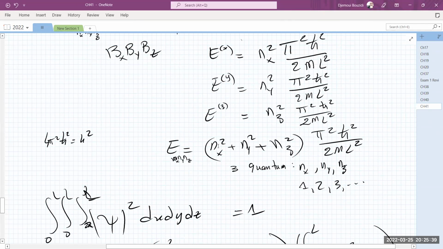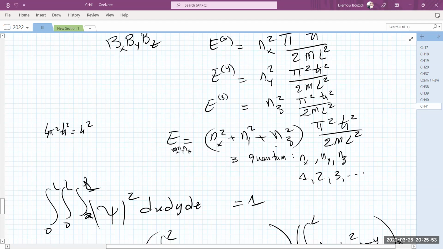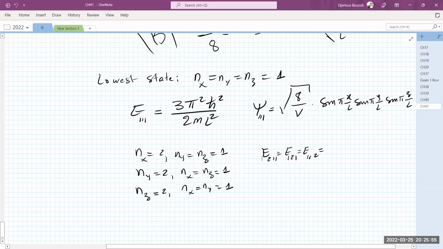All I have to do is add either 2 squared plus 1 squared plus 1 squared, which is 6, or 1 squared plus 2 squared plus 1 squared, which is 6, or 1 squared plus 1 squared plus 2 squared, which is still 6. So all of this will give me 6 times the same factor, 6 times pi squared h bar squared over 2mL squared. And this is simply twice this number because this is 3, this is 6.